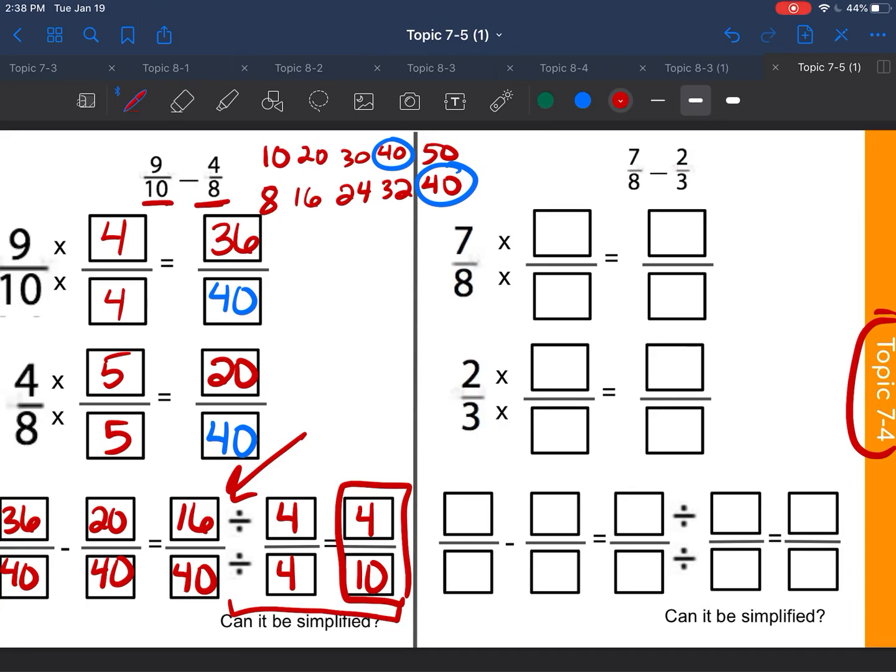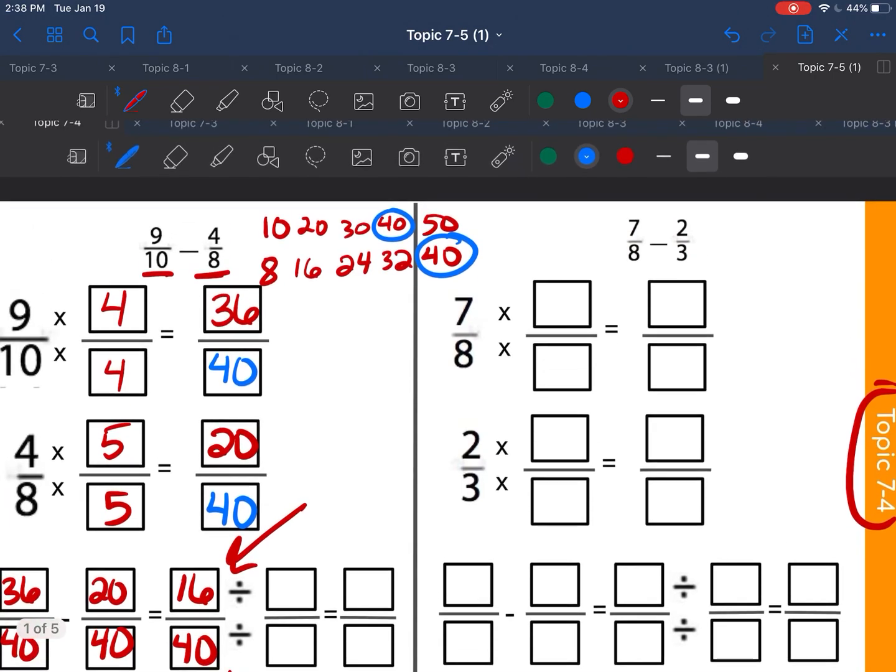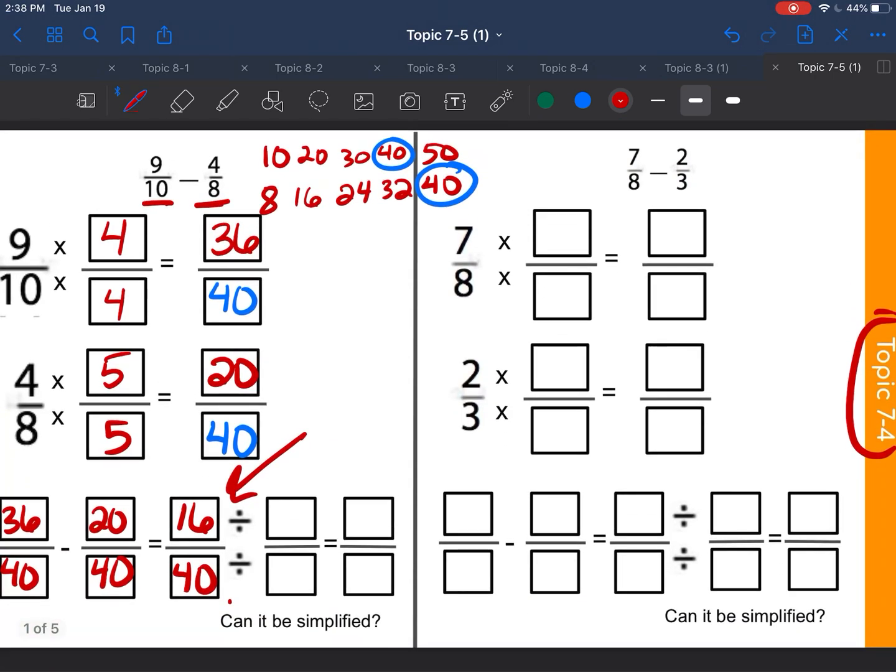Now in this problem, it actually wouldn't even be 4/10. Because you can actually, is there a number? First of all, I would see 16 divided by 4 and 40 divided by 4, but there's even a number greater than 4 that they can both be divided by, and that number is actually 8.